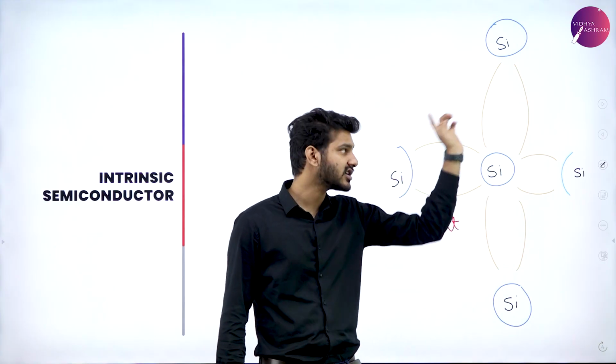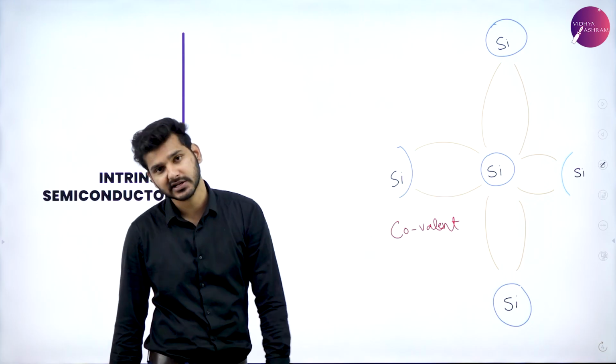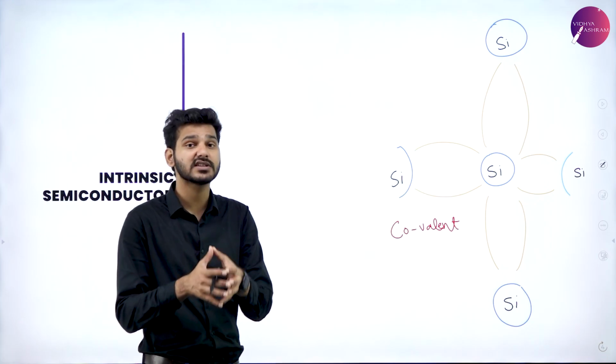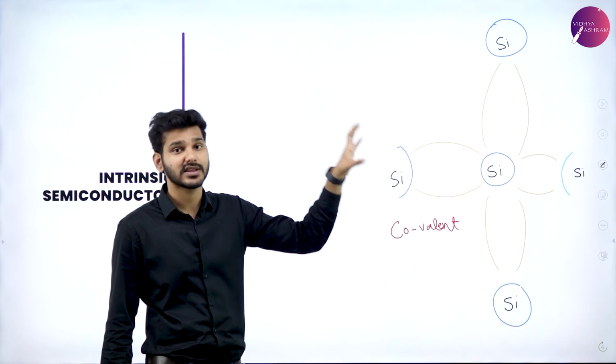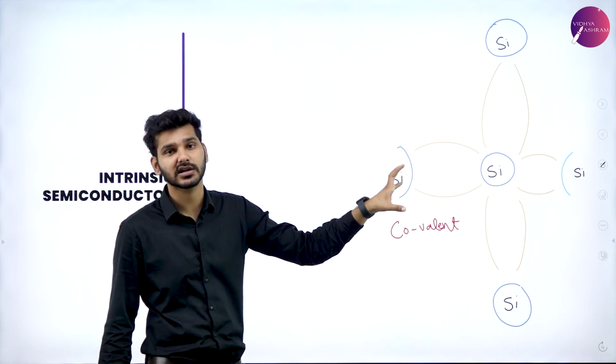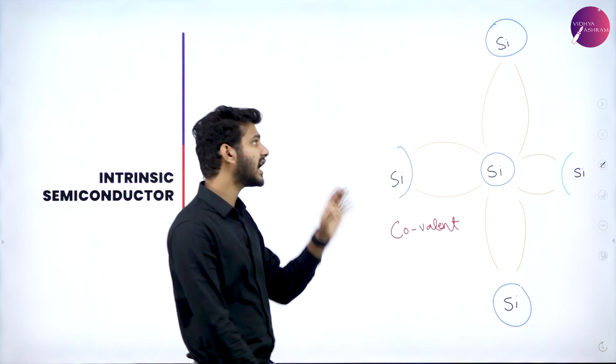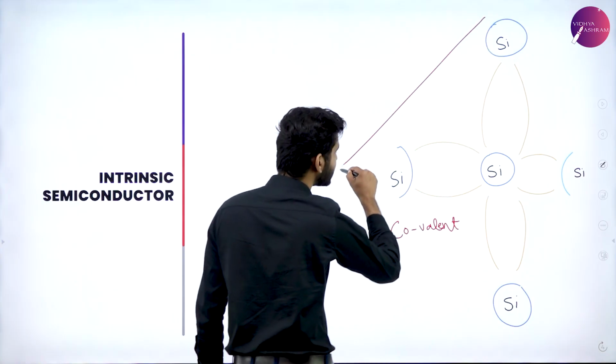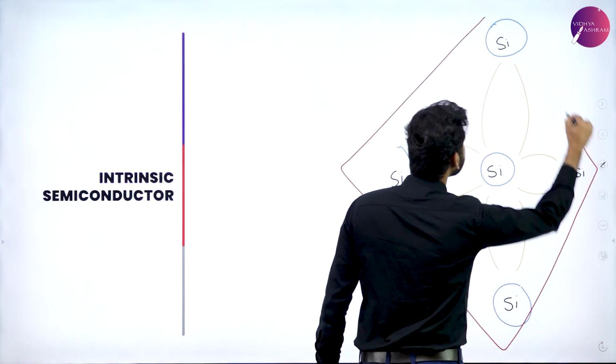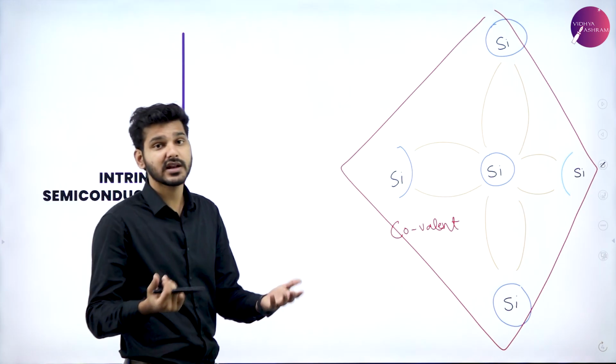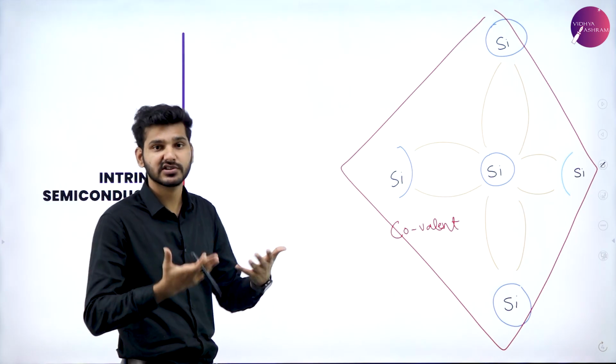4 valence electrons are being shared among the 4 atoms, which also gives this intrinsic semiconductor its iconic diamond-like structure. You can see it is a diamond-like structure. If you have played cards, you know what a diamond-like structure is.